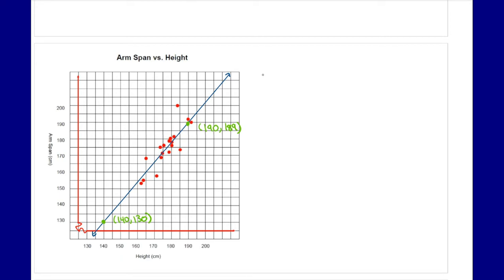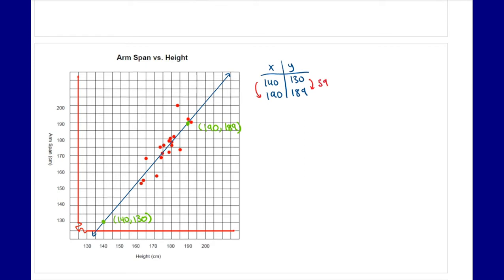So in this case, it might be easier just to create a quick table. X, y, we have 140, 130, 190, 189. Depending on how you learned to find the slope of a straight line, you might look for the change in y and the change in x. So 189 minus 130 gives us 59.